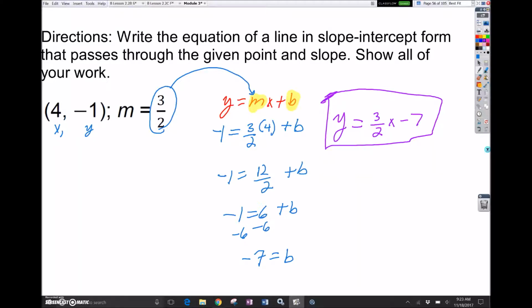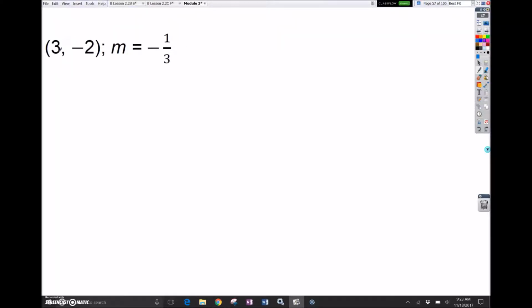So let's go ahead and look at the next one. Same idea. I want to put this in slope-intercept form, which is y equals mx plus b. I'm trying to figure out my m value and my b value, so I can write the equation. Lucky for us, I already know my m value is -1/3, and I have a point which contains an x value and a y value. So I'm going to use this one point to help me solve for the b value.